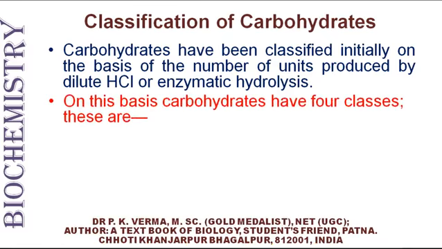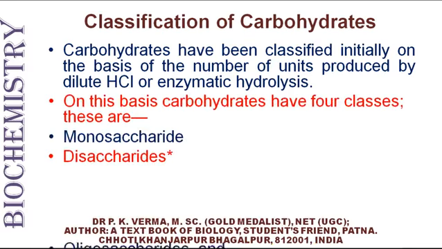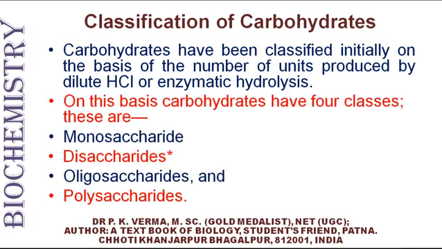On this basis, carbohydrates have 4 classes. These are monosaccharides, disaccharides, oligosaccharides and polysaccharides. Earlier, disaccharides were included in the oligosaccharides and only 3 classes, monosaccharides, oligosaccharides and polysaccharides, were made.